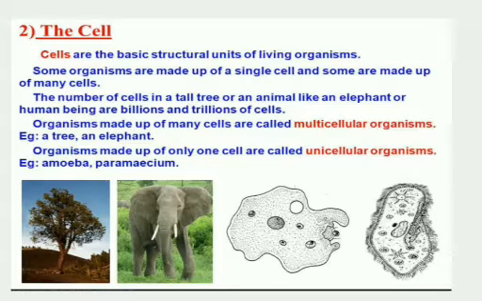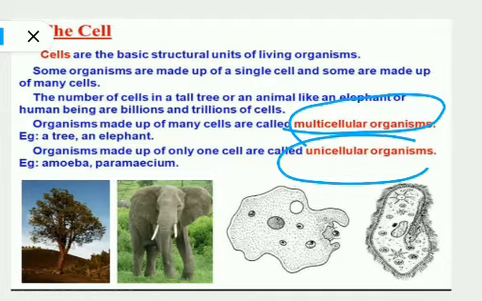Depending upon the number of cells, organisms are differentiated into two: multicellular organisms and unicellular organisms. Organisms made of many cells are called multicellular organisms. Example, tree and elephant.